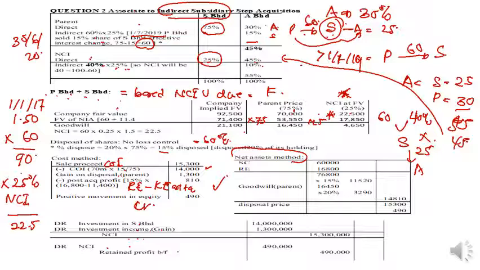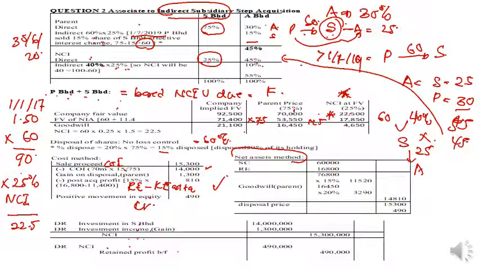So this is what you have for the effective interest, the direct and indirect interest. Now we're going to calculate the value of the company between P and S to determine the journal entry.